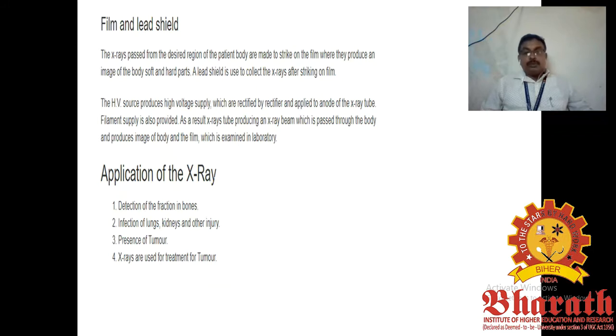Filament supply is also provided. As a result, X-rays are produced, then this X-ray beam is passed through the body and produces images of the body, and the film is examined in the laboratory. That is the conclusion of the X-ray machine: high voltage source, rectifier, then the X-ray tube, you collect the image and then it is examined. If you have any problem in your skeletal system, you can see it very easily.